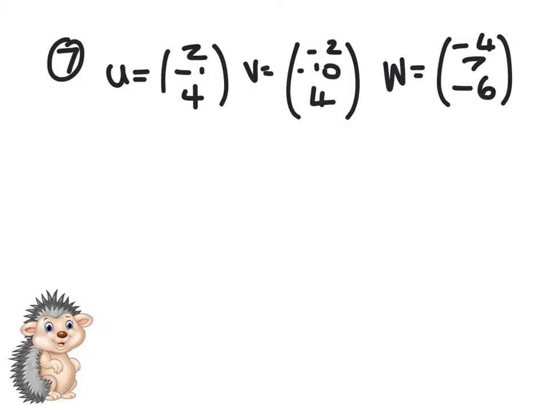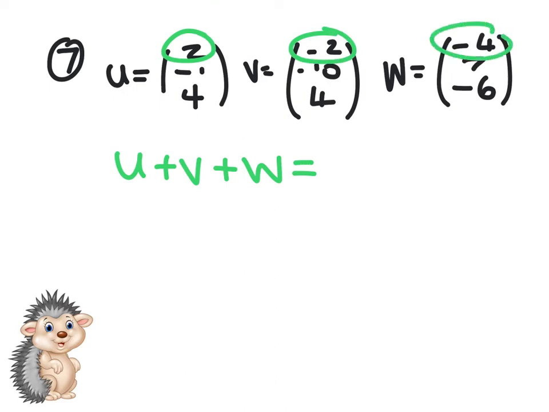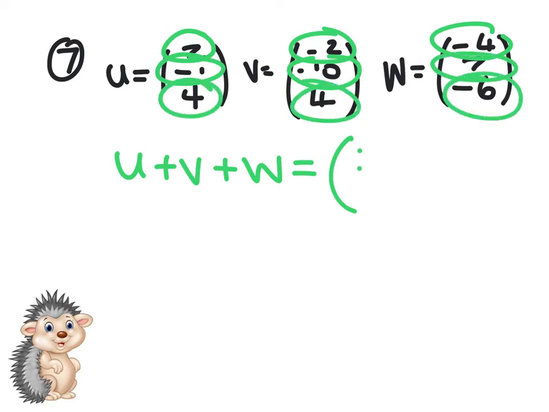Question 7. We need to work out what u plus v plus w is. Okay, so that's easy. So what's 2 add negative 2, add negative 4. Put it in here and do the same for the other components all the way down, and you've got your 3 answers.